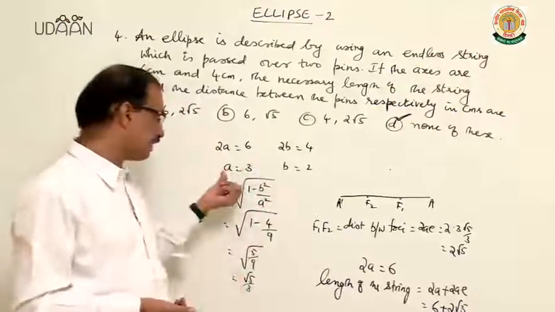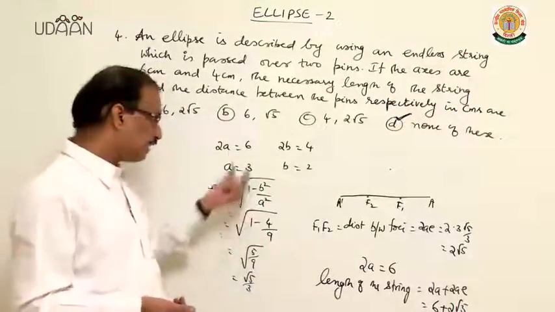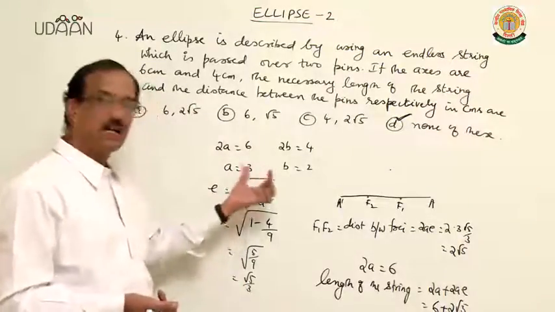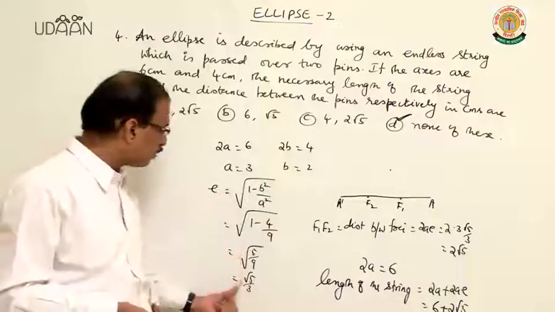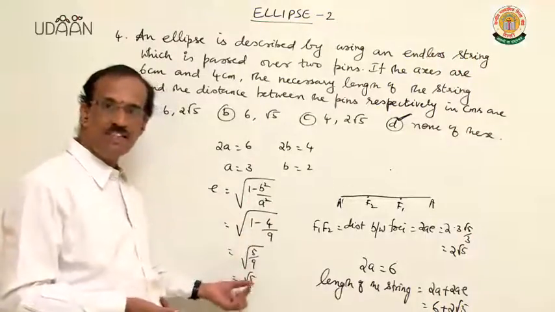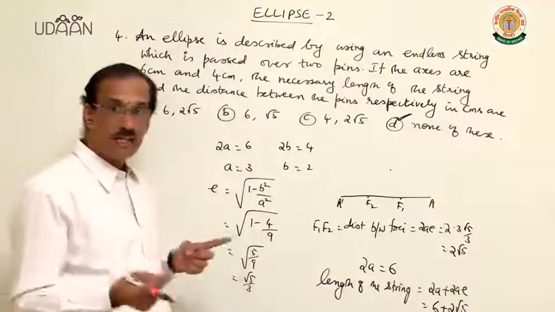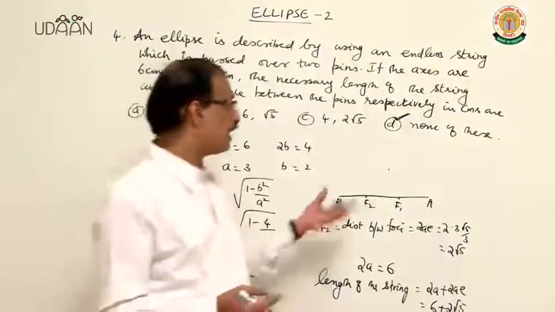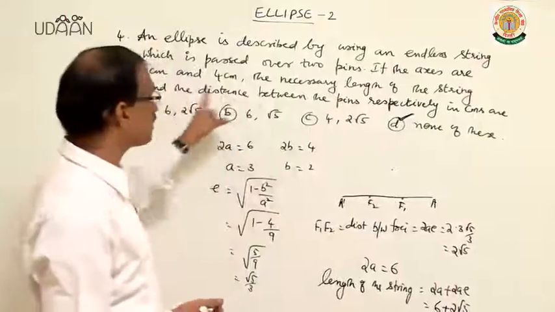From there you got a and b. Then the eccentricity e is root of 1 minus b square by a square, and from there you got root 5 by 3. Now they are asking about the string, or before that, the distance between the two pins.